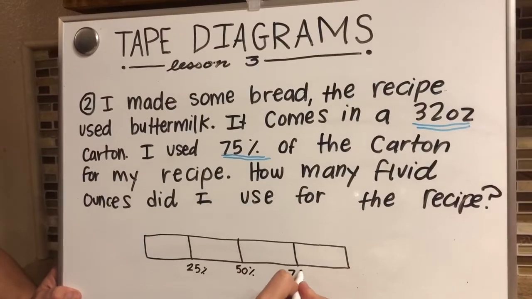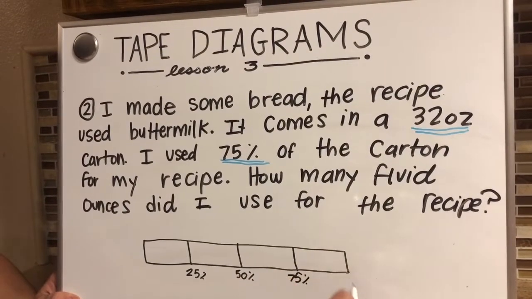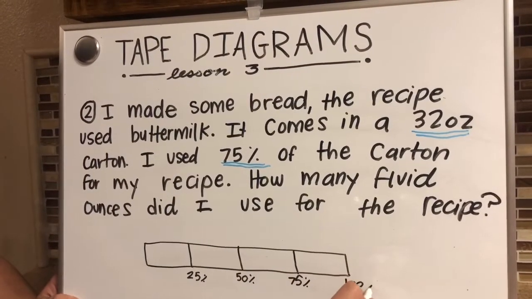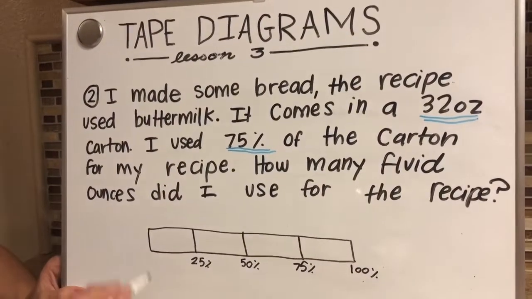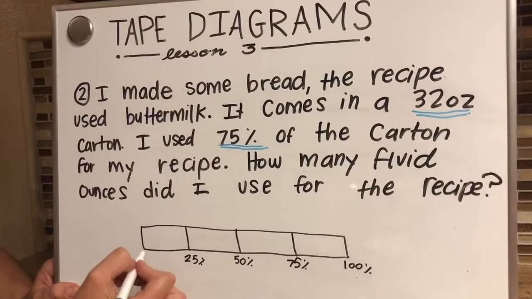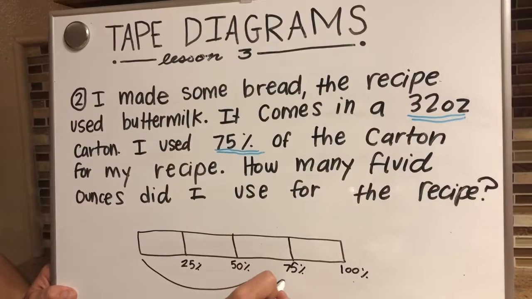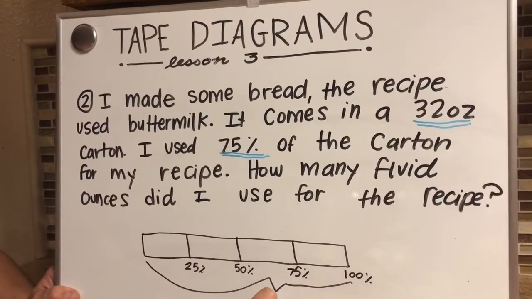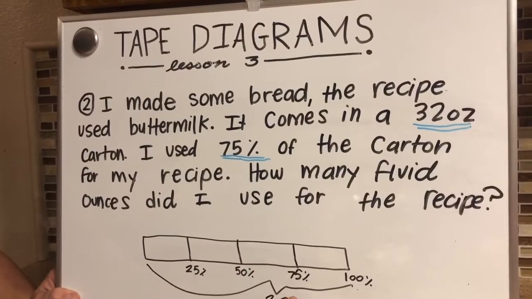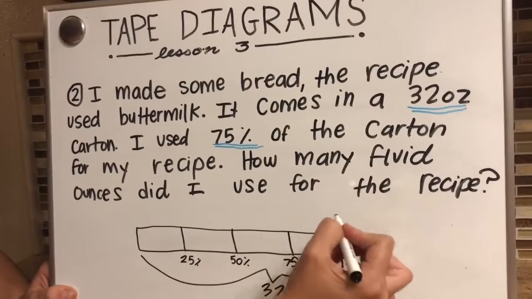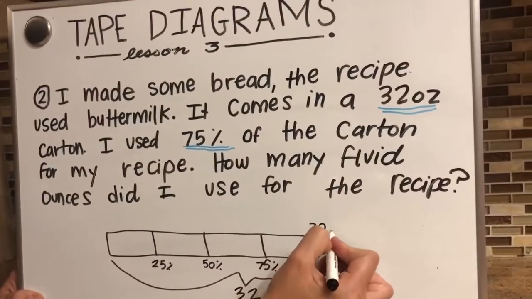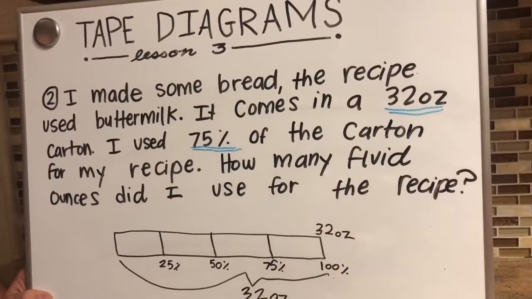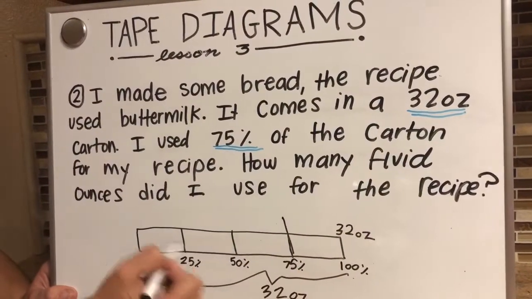This one would be 75%. And the last one would be 100%. Okay? So looking at this tape diagram, 100% would equal 32 ounces, okay? We know 100% is 32 ounces, but I didn't use all 100%. I stopped right here at 75%.